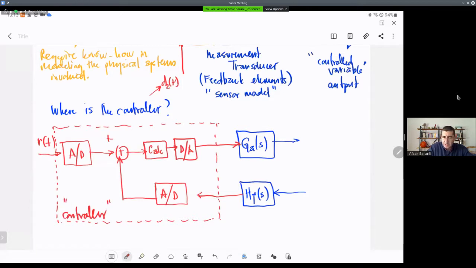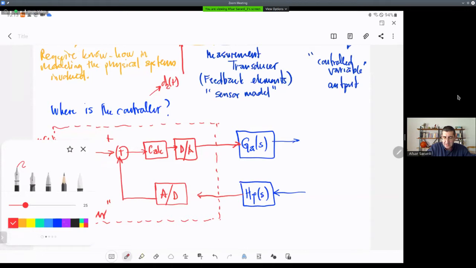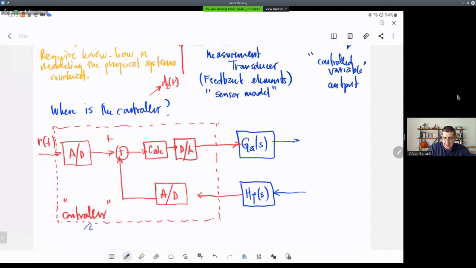And this controller is often inside a computer, basically, inside a controller computer.